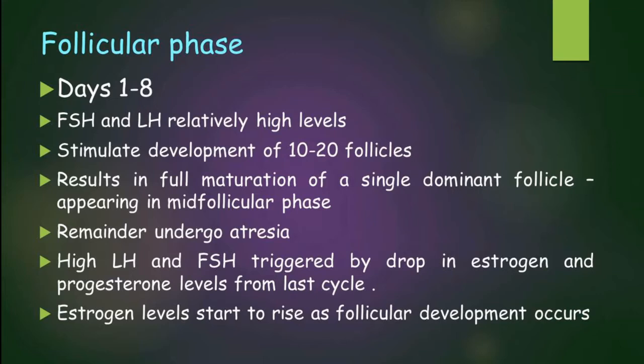Under normal conditions, there will only be one oocyte at a particular time, and the remainder of the follicles are destroyed or removed from the system. The high LH and FSH is triggered by a drop in estrogen and progesterone levels in the last cycle.